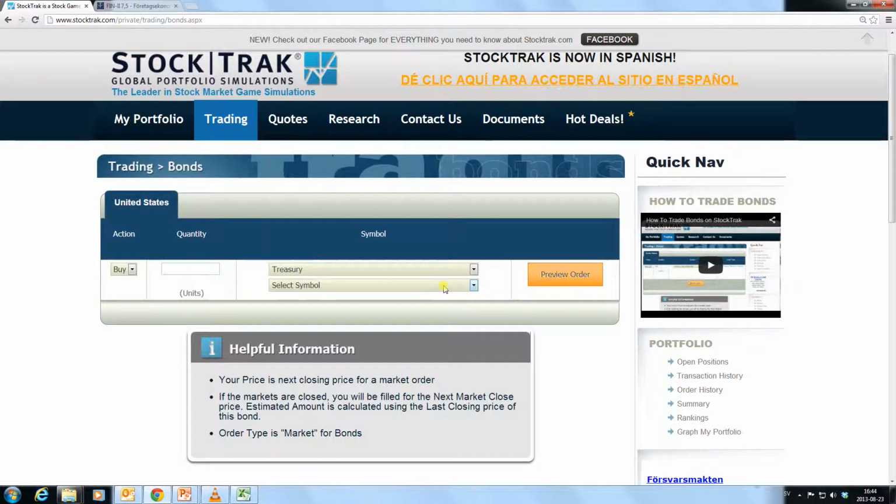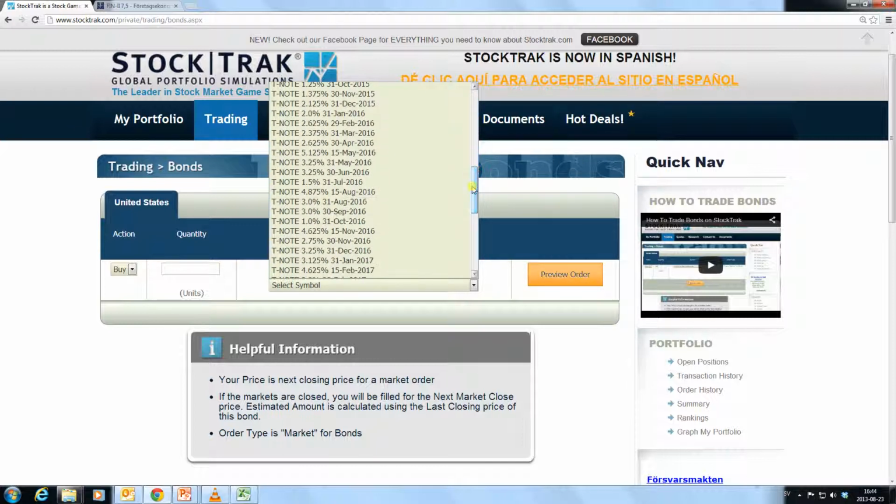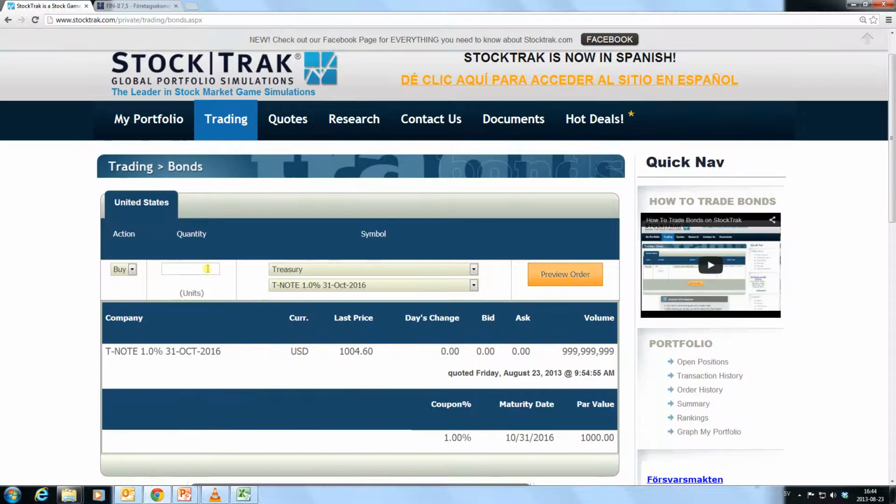Okay, so for the treasury note, I wanted one with a maturity of more than 3 years. So I have to look at 2016. And then I want the one with the lowest coupon rate, which turns out to be the one with 1.0% that expires in October 2016. Okay, so I select this one and I buy 30 of this one.